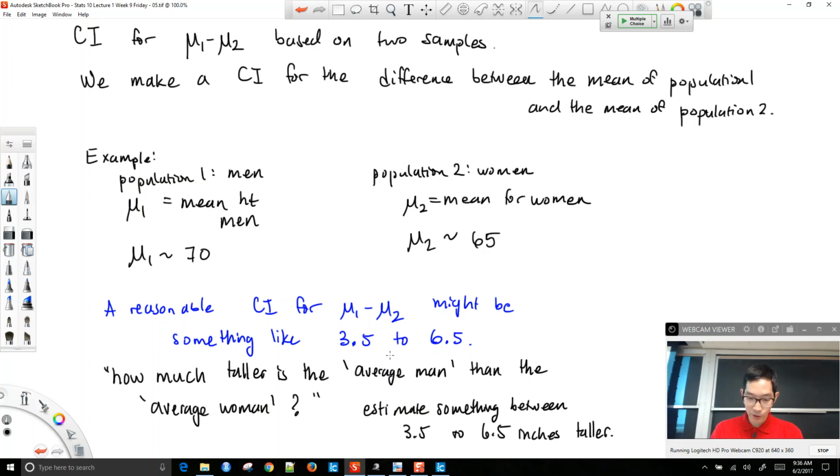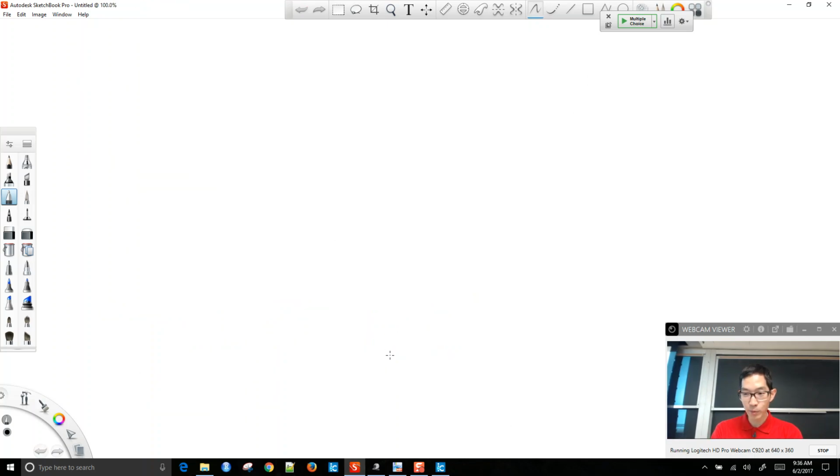All right, so as far as the formula goes, we're making a confidence interval for the quantity mu1 minus mu2. So what do you think will go in the middle? In the middle, we always put our best guess for what mu1 minus mu2 is.